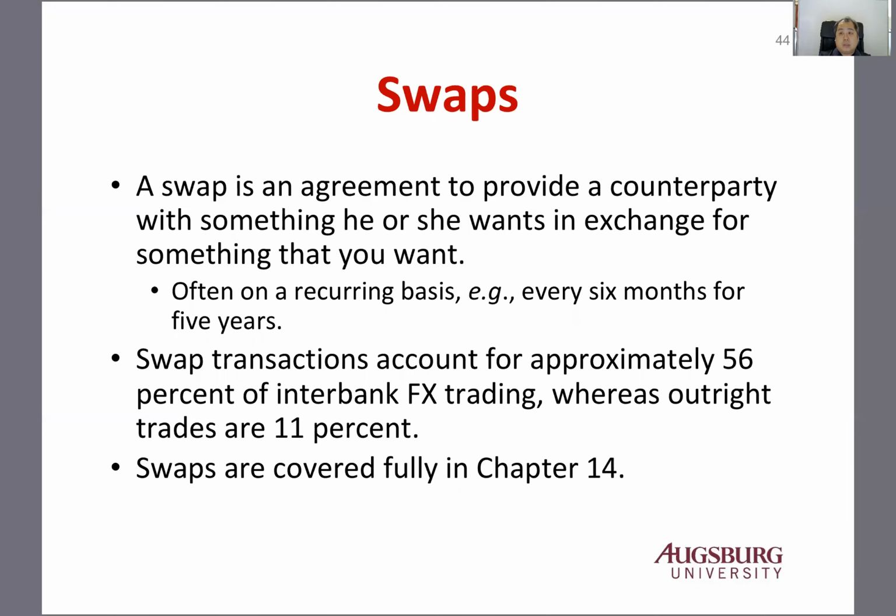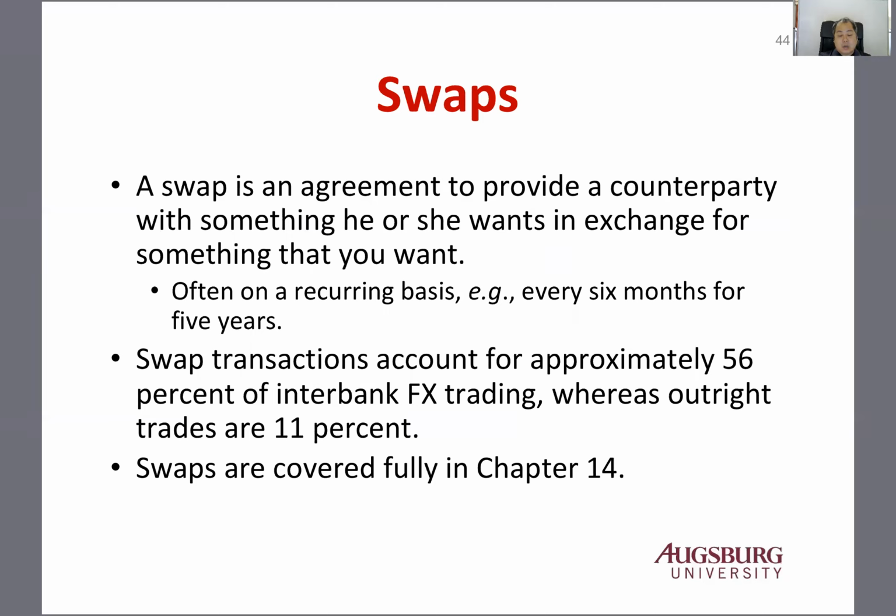Swaps. A swap is another way to get currencies without a forward contract. It's like a forward contract, but they exchange currencies, usually over a longer term. A swap is an agreement to provide the counterparty with something they want in exchange for something that you want. Often it's on a recurring basis, every 6 months or for 5 years.